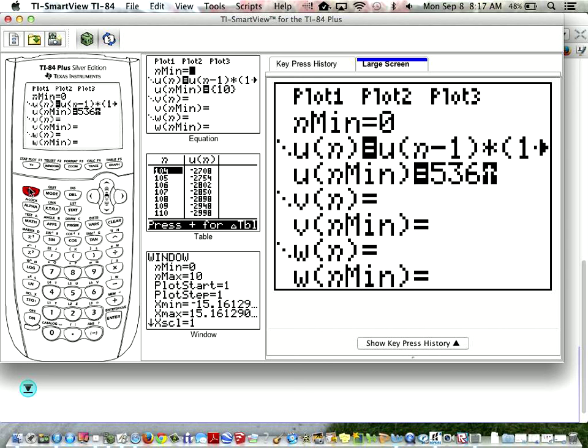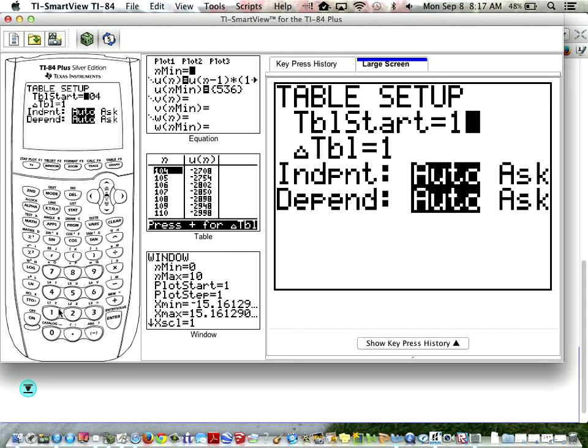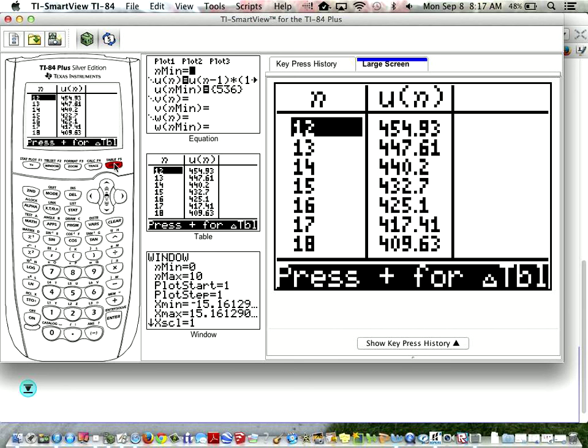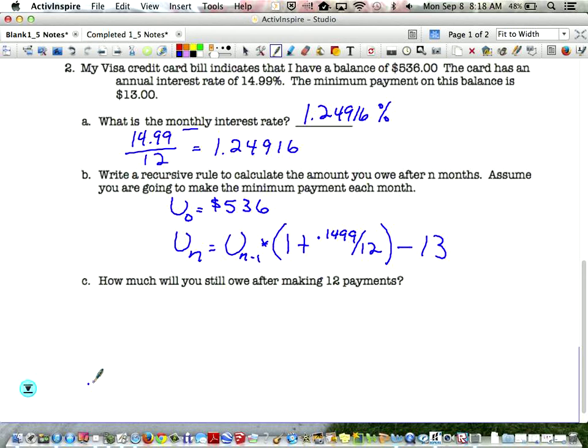So I go second, table set, 12. Go to my table. My balance is $454.93.